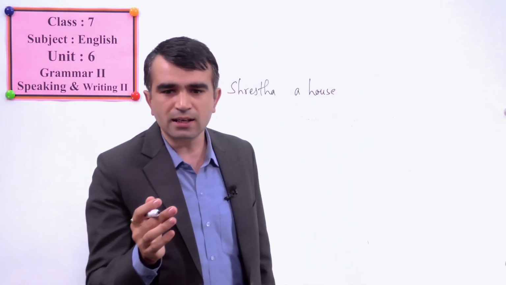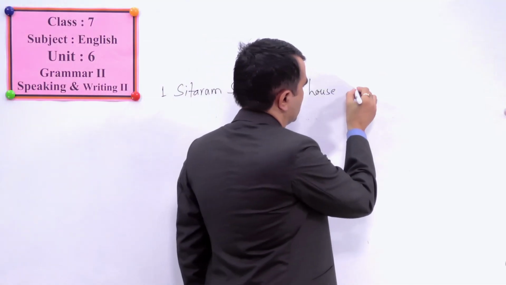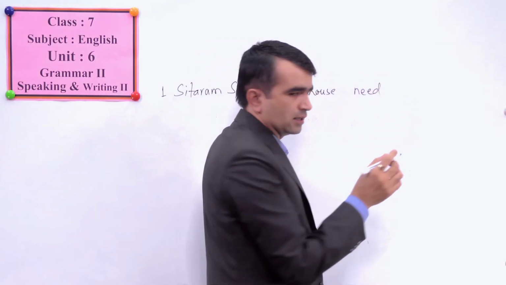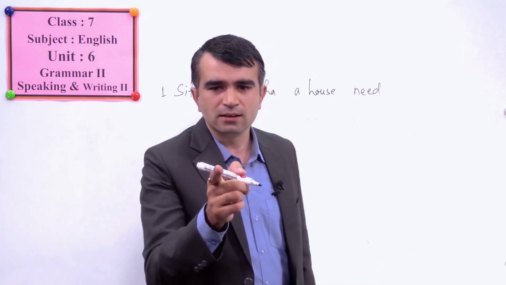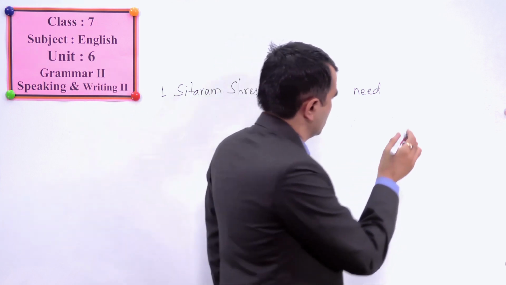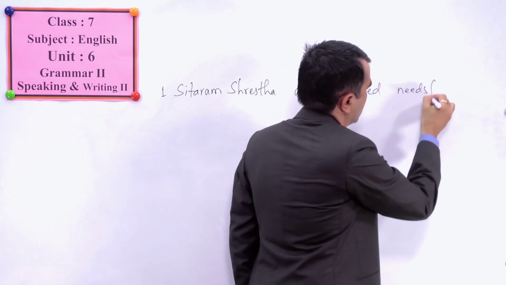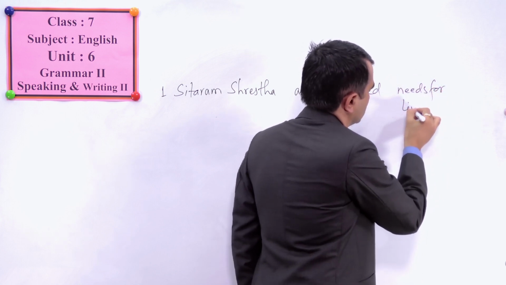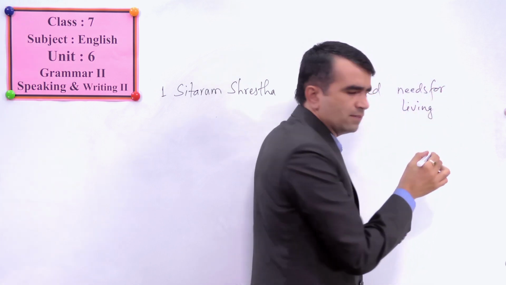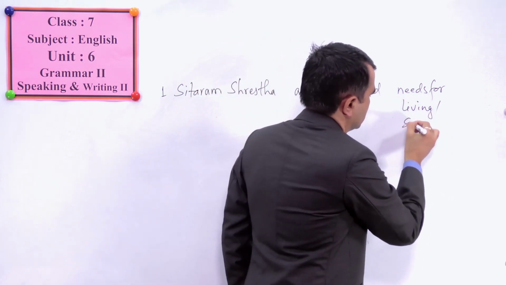House. And then need or want. Is a house a want or a need? It's a shelter. Good, it's a need. Why need? It is needed for living, or survival. Or you can also say survival.